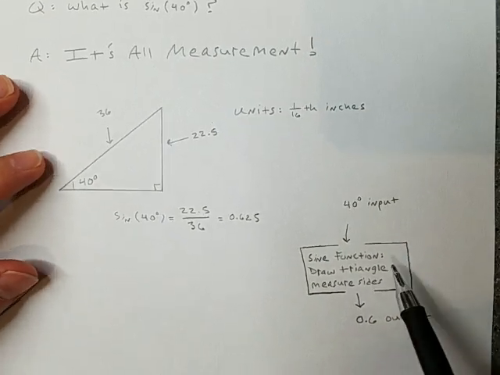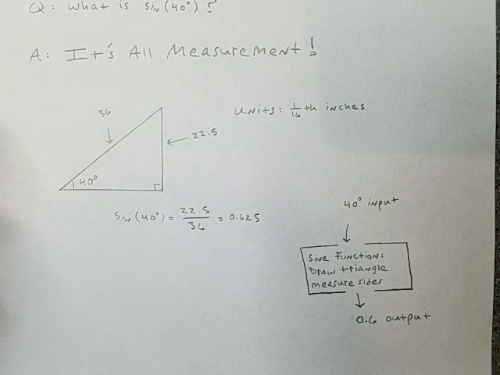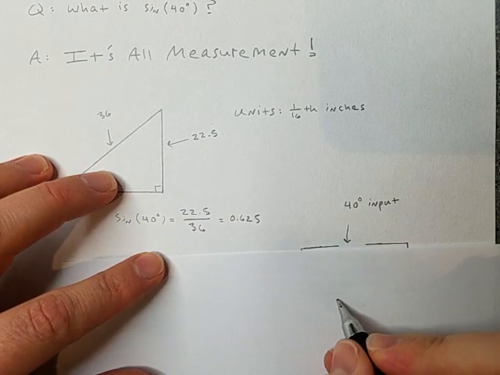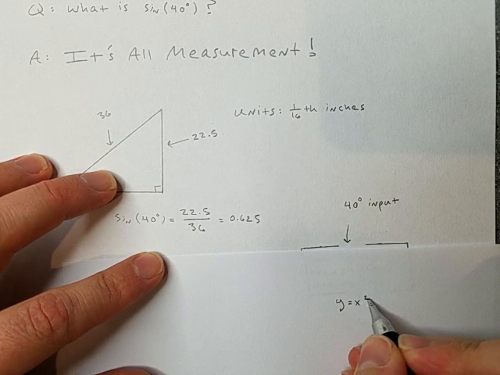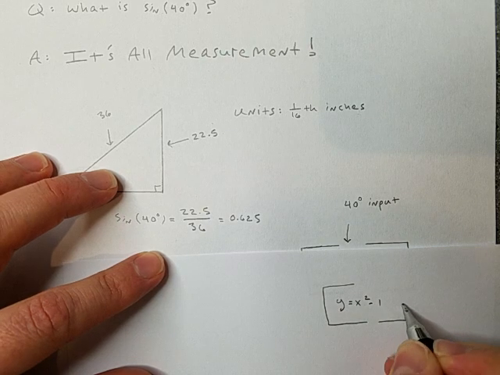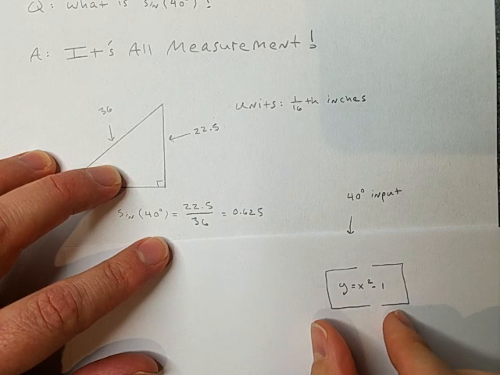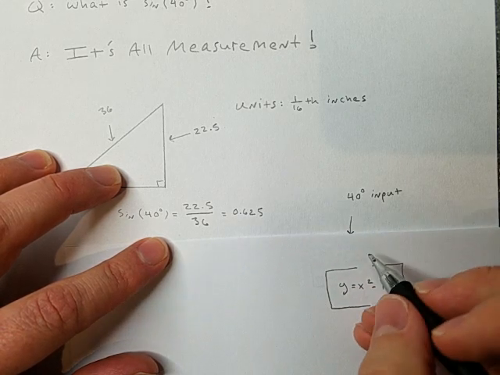So when you take the sine function, sometimes I imagine functions like a little box with inputs and outputs. If we had the function y is equal to x squared minus 1, when I teach algebra students what functions are, sometimes I'd say, well, think of it like this. There's a box, there's an input terminal, there's an output terminal.